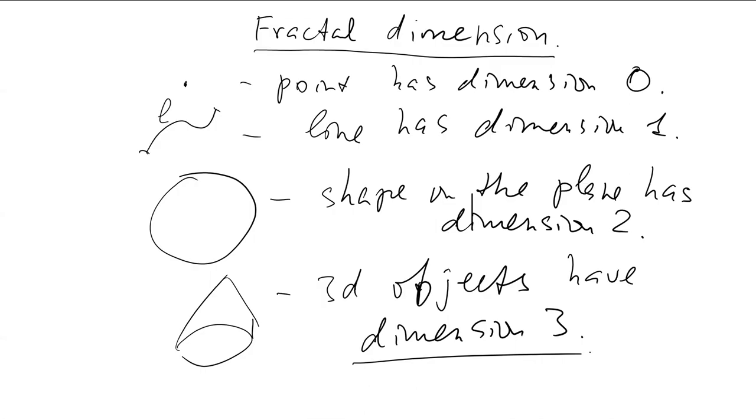So what do we do to measure dimensions, or at least to check how to do this? Let's consider a line. To measure the length of a line, we use a ruler, and we apply the ruler as many times as it takes.